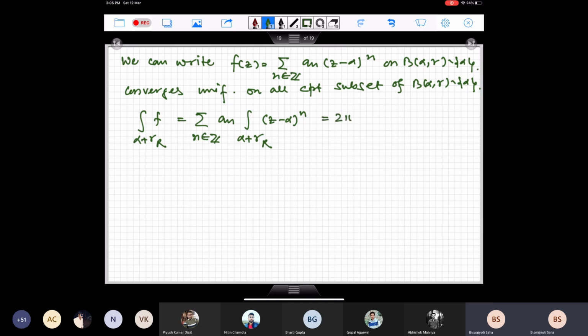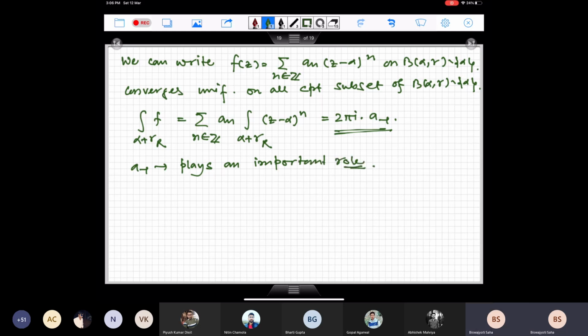So this is 2 pi i into a minus 1. Okay, so this is what the integral is coming out to be. Is this clear? Yes, sir. So from the aspect of integration theory, what we see is that this a minus 1 plays an important role.